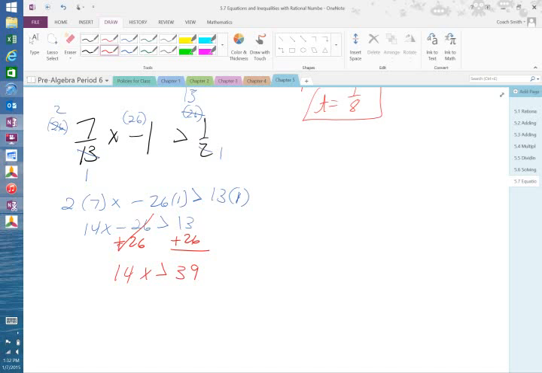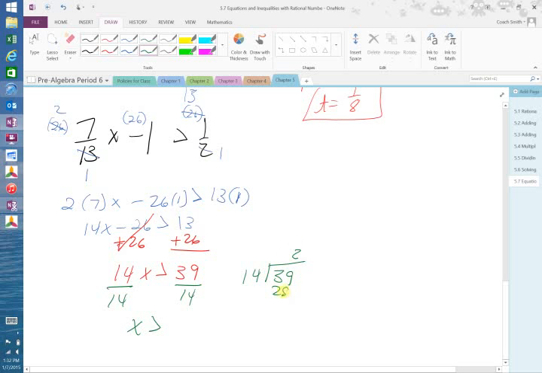So now what do I do? Divide by 14 to both sides. That gives me x is greater than 14 into 39 goes twice, 28. Remainder 11, put the 11 over the 14. So 2 and 11/14.